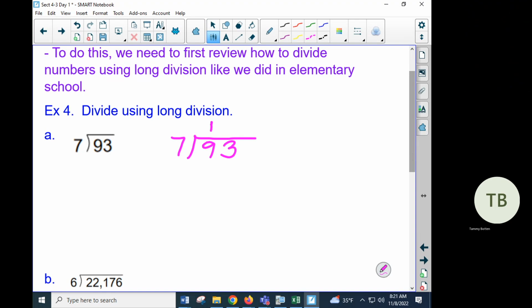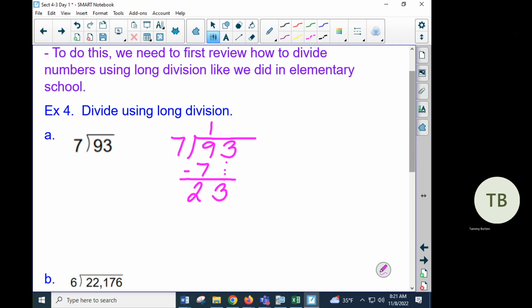And 7 goes into 9 once. And 1 times 7 is 7. And then do you remember subtracting? And 9 minus 7 is 2. Did you guys do this? Does that look familiar?